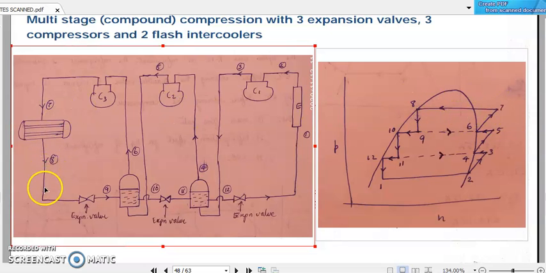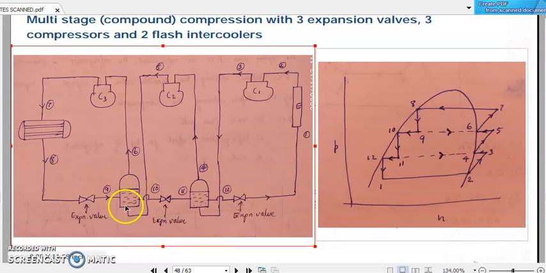Then immediately after 8, the refrigerant passes through the combination of expansion valve and flash gas removal chamber. In the last session, we discussed how this flash gas removal works, and how the expansion valve plus flash gas chamber brings about the separation of the liquid and vapor forms of the refrigerant.